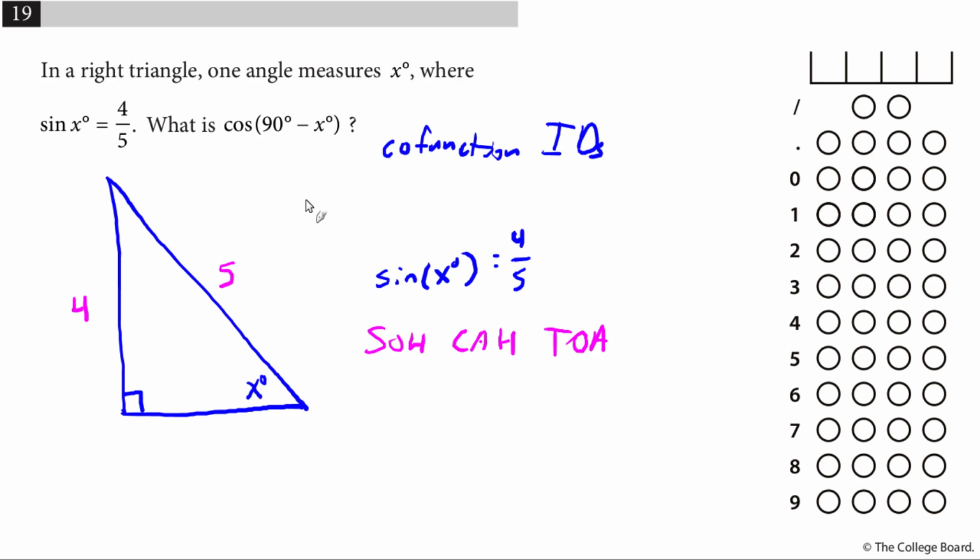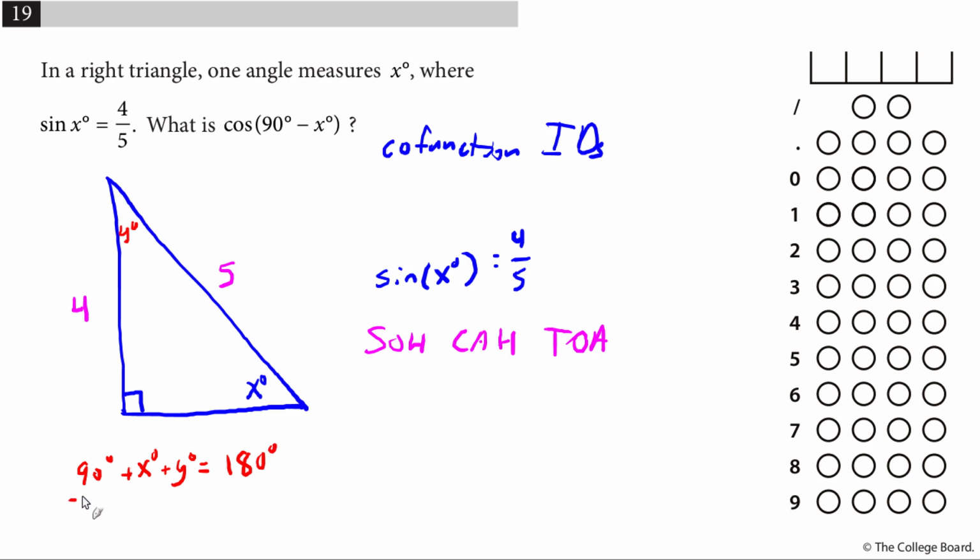But notice, if all three, let's give this angle a name. We'll call it y degrees to begin with. All three of these have to add up to 180. So I know that 90 degrees for this angle, plus x degrees for that angle, plus y degrees for that angle has to be 180 degrees.